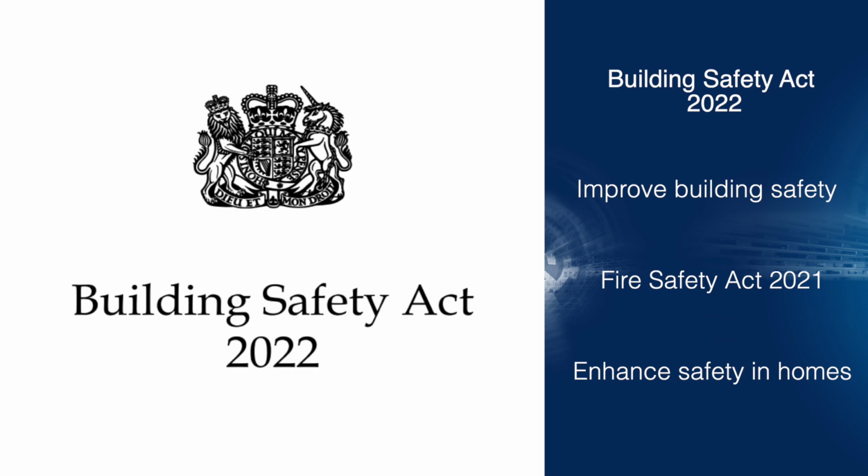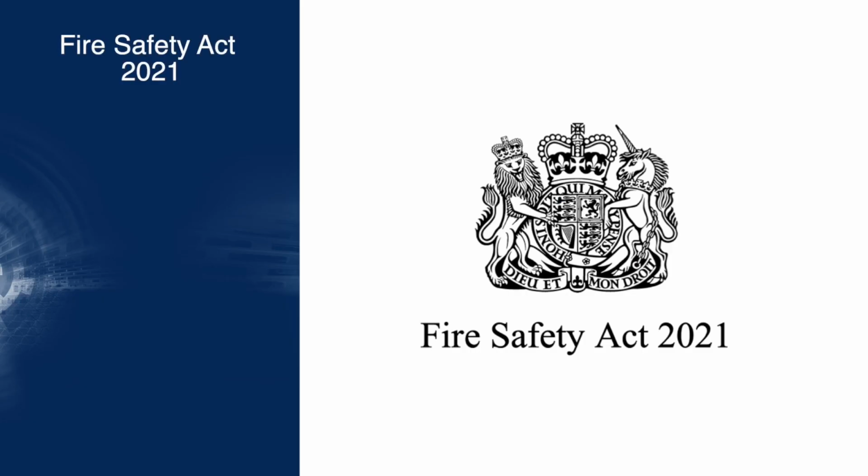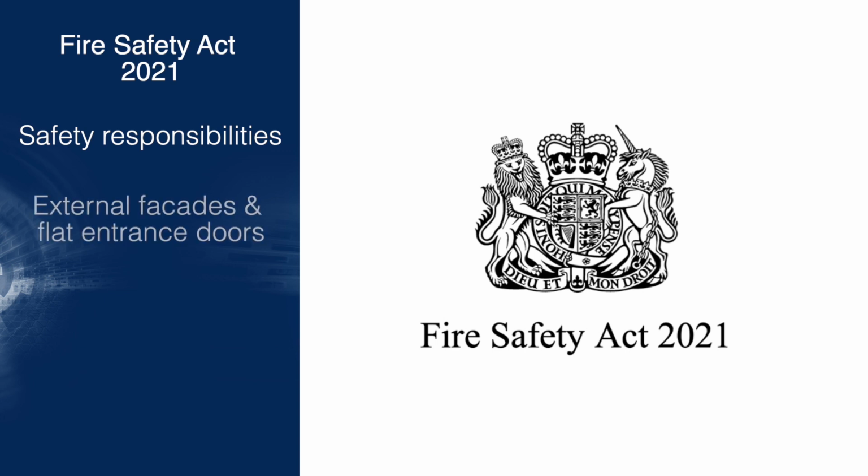management. The Fire Safety Act 2021, formerly known as the Fire Safety Bill, received royal assent on April 29, 2021. It aims to enhance accountability by clarifying safety responsibilities from building design to occupancy. The Act amends the Regulatory Reform (Fire Safety) Order 2005 to explicitly address risks related to external facades and flat entrance doors.